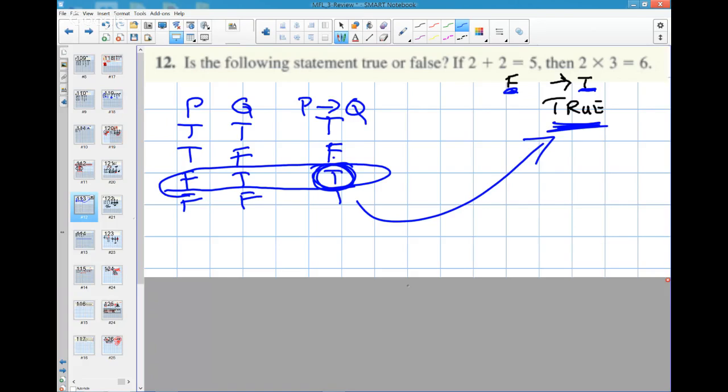Well, if pigs don't fly, then it's an empty promise. It's full of baloney. Yeah, that's true.